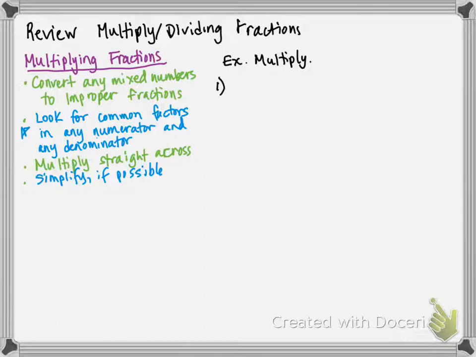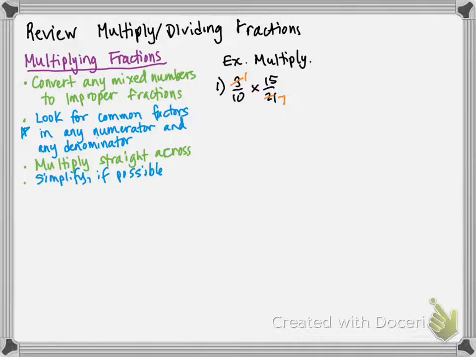So let's do a fraction times a fraction. So we have 3/10 times 15/21. So again, I'm going to look on any diagonal or within a fraction as well, I could have common factors. So what I notice is on the numerator on the left to the denominator on the bottom, they both share a 3 in common. So if I divide out the 3, 3 divided by 3 is 1, and 21 divided by 3 is 7.